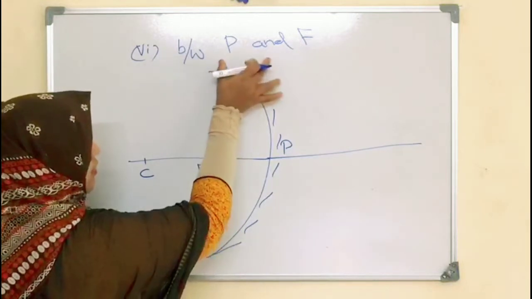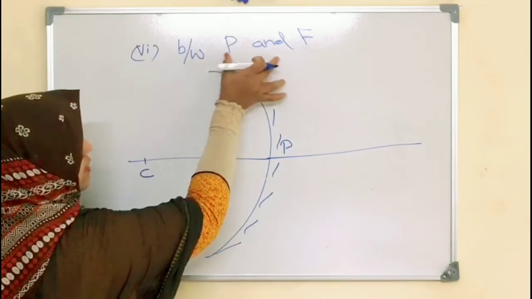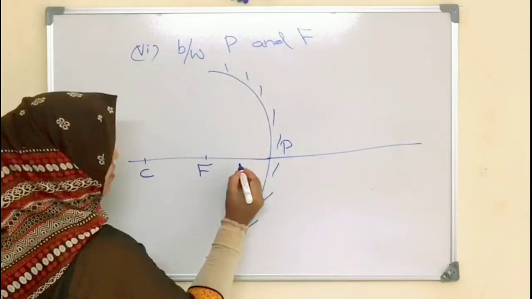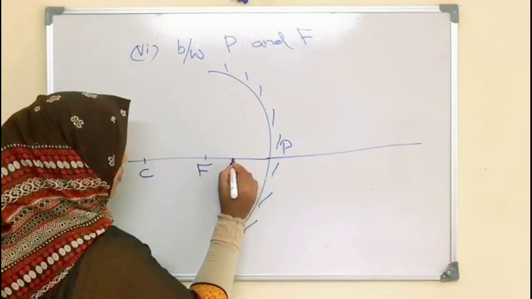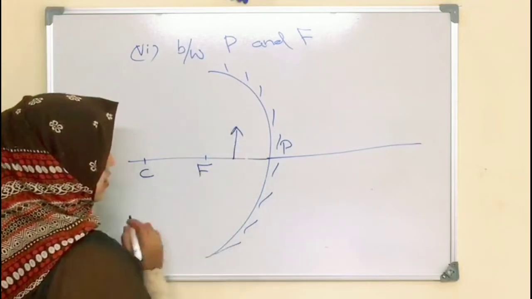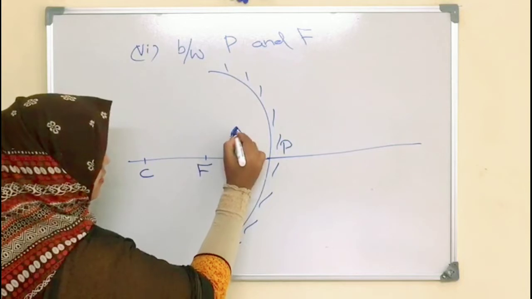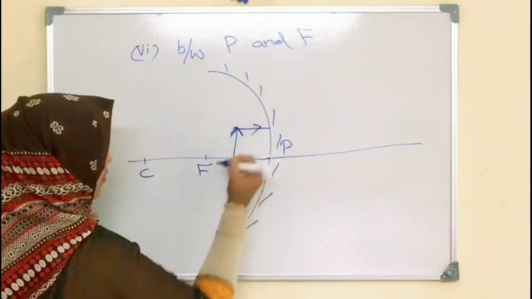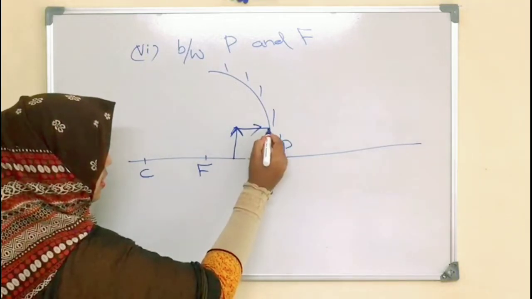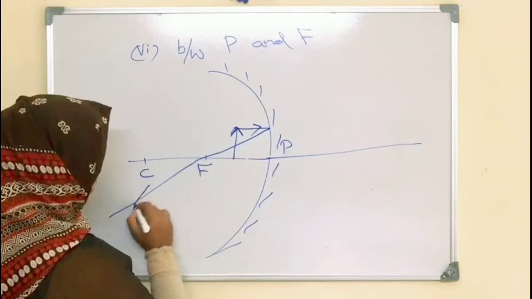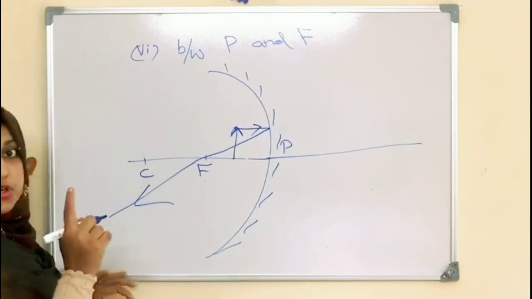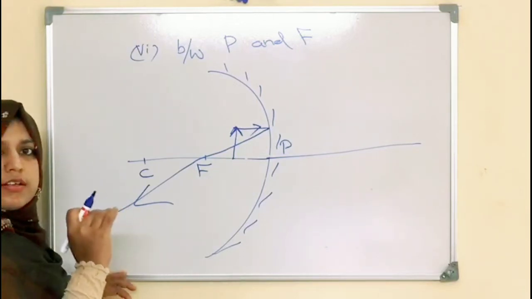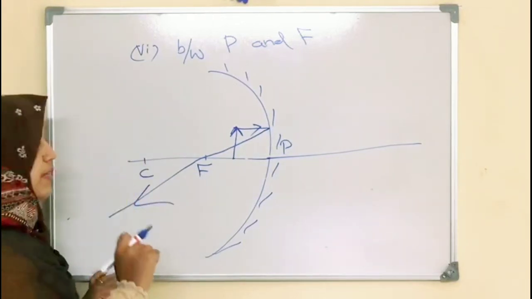The given position is between pole and F. This is the object. From the head of the object, a ray is moving. After reflection, it passes through the focus. You should use a scale and pencil when you are drawing ray diagrams.